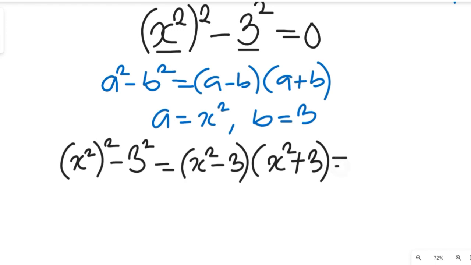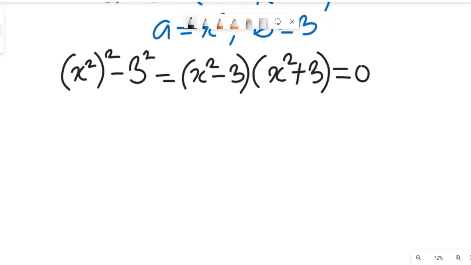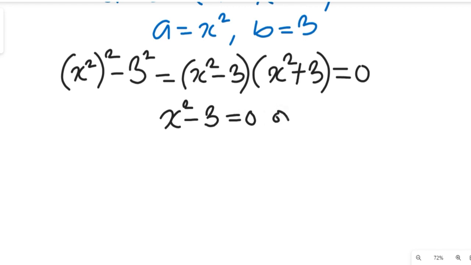And remember, these both will be equal to 0. Now we have two equations. The first is x squared minus 3, which we know is equal to 0, or we'll have x squared plus 3, which we know is also equal to 0, because both of them are equated to 0.